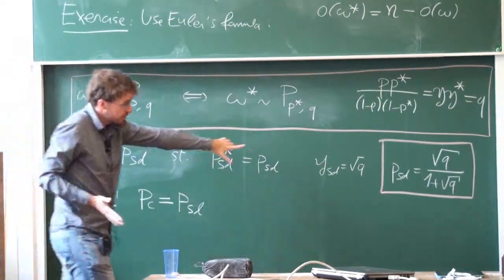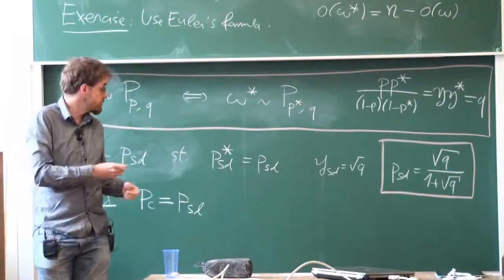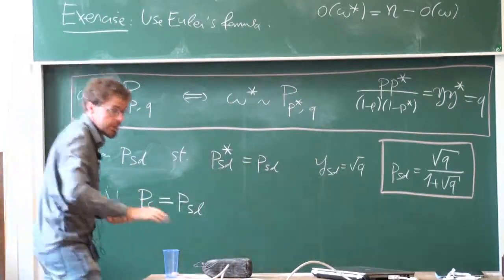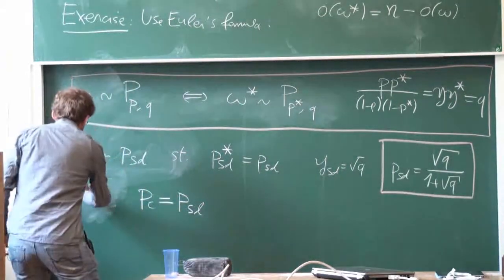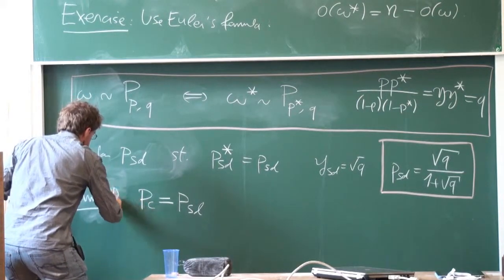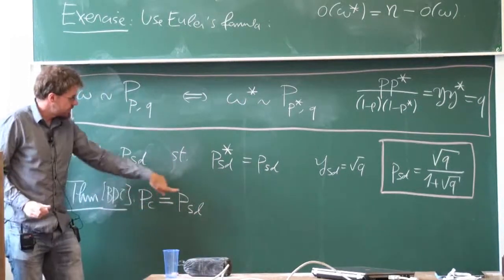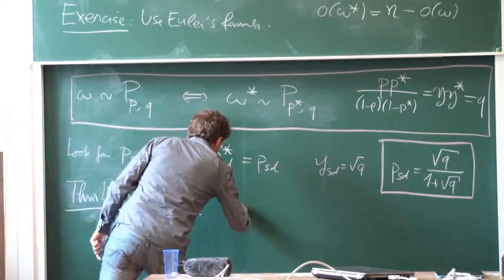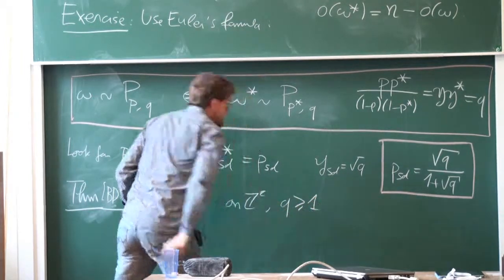So far that's heuristic, and the goal of, at least what follows in the course, is to change this word conjecture into a theorem. So that's the theorem. Way to go. That pc is indeed equal to the self-dual point on Z2 whenever q is at least equal to 1.